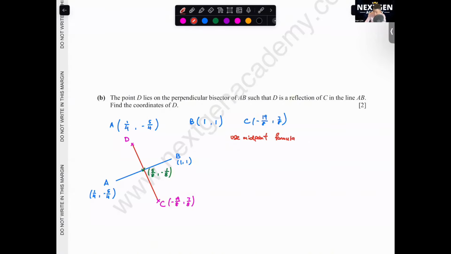I want you to separate it into 2 different equations, x and y. Okay, so here, this plus this equals to this, divided by 2. So x plus negative 19/8, divided by 2, is equal to 5/8. We're going to solve for this. x minus 19 over 8 equals 5 over 4. x is equal to 29 over 8.